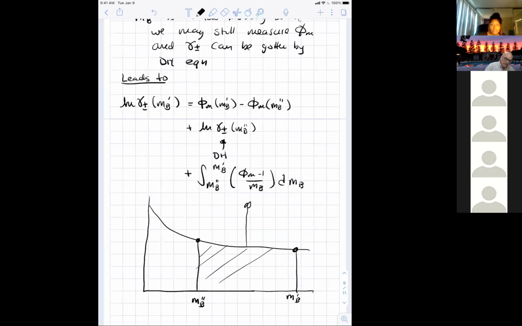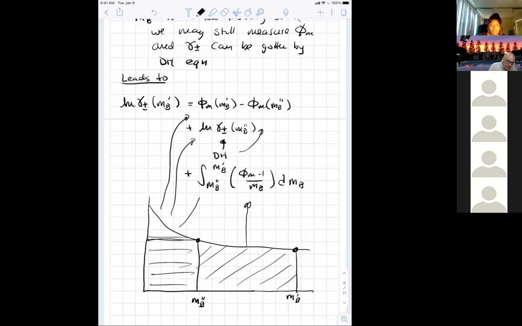This is well behaved, so you have no problem doing that integration. It's a regular looking shape, nothing funny going on. And all this is accounted for here. This is exaggerated, because this is actually small. This part is this part.